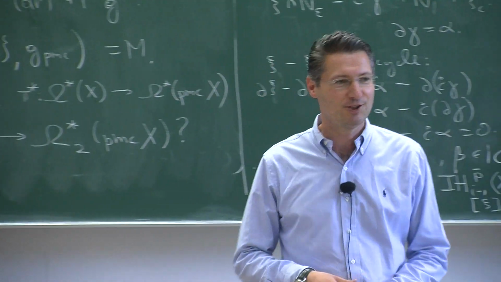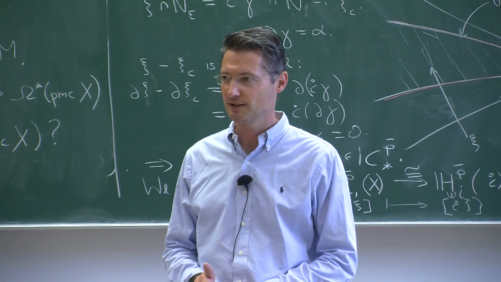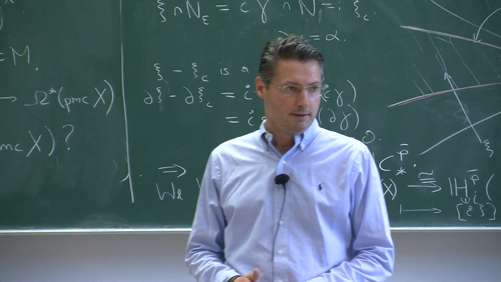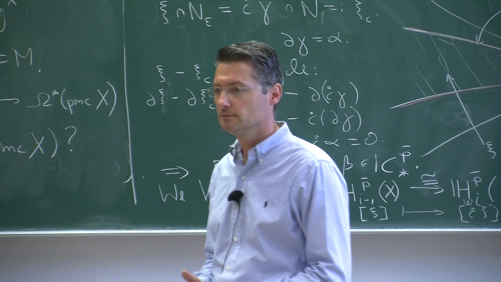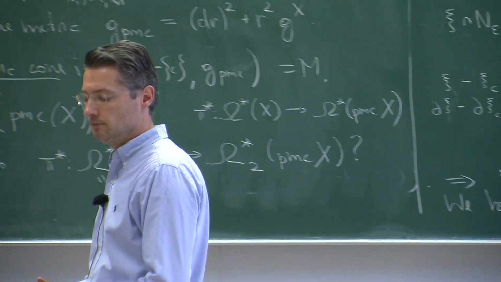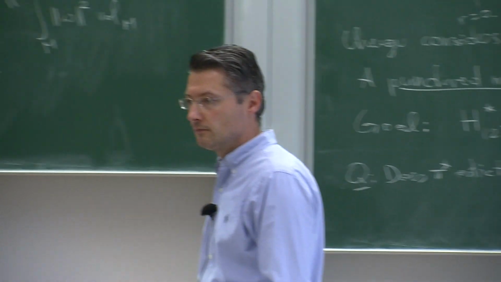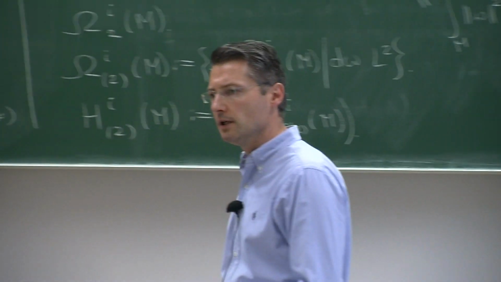Are there any questions that you might have? So is there a correspondence between Cheeger's L2 cohomology and the usual L2 cohomology? What do you mean by usual L2 cohomology?